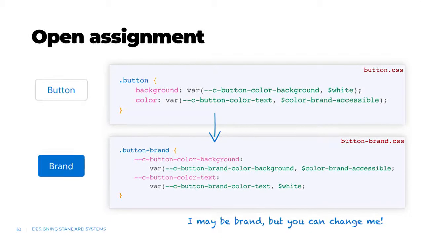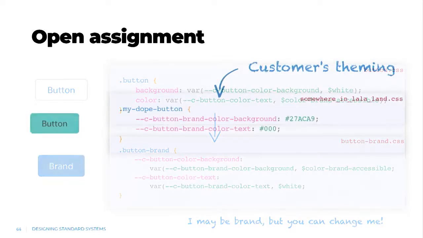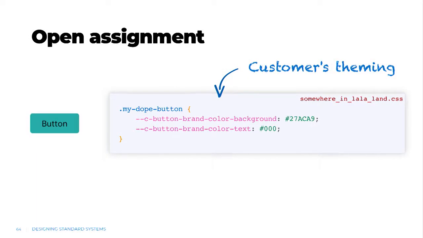So you'll see C button color background is in our default, and you'll see that is reassigned to C button brand color background. So I'm saying go ahead, I just made a new API for you, do whatever you want. Now our customer can basically take that component and they just need to look at what are the exposed API touch points, provide their scope, and then reassign it to values that they want, right?